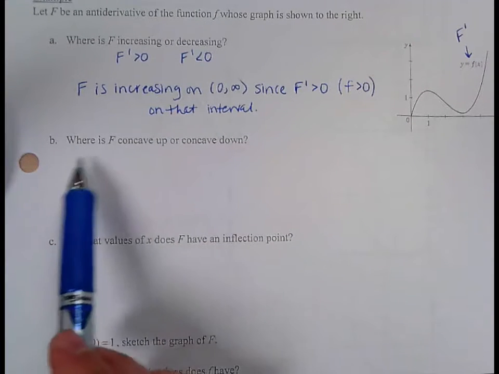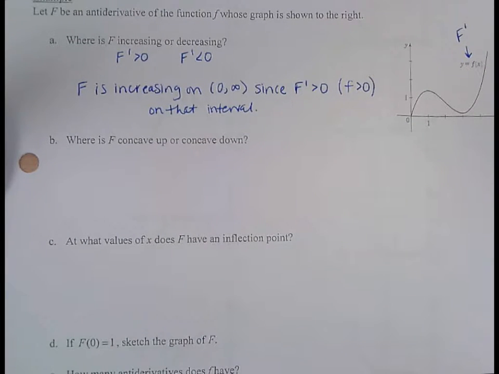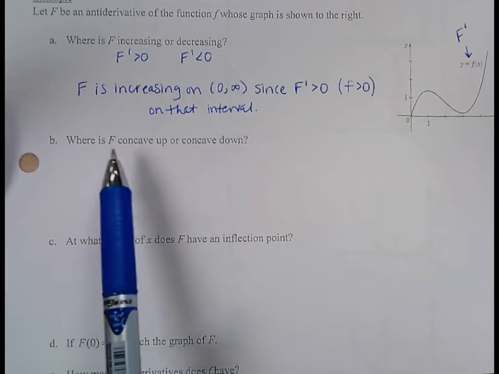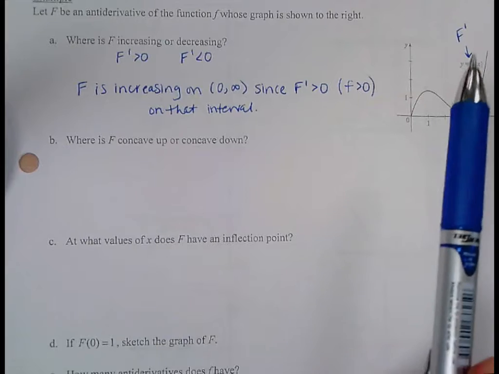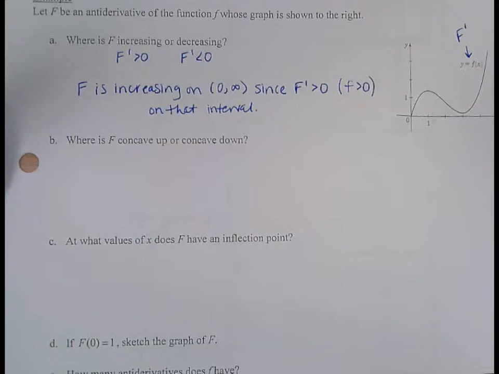Then we have, where is capital F concave up or concave down? So how would you be able to tell concavity if you have the graph of the derivative? And then, Emma, what are you saying?